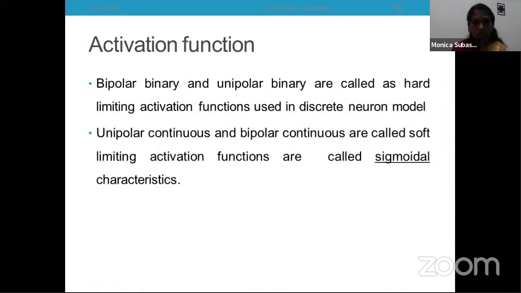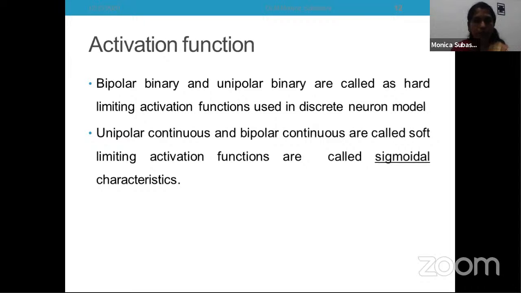Let us move on to the activation function. As I told you, this activation function plays a major role in prediction or classification or in any problem statement. First of all, there are two major divisions. One is hard limiting activation function, and the second one is soft limiting activation function. And what is the difference between hard limiting and soft limiting?